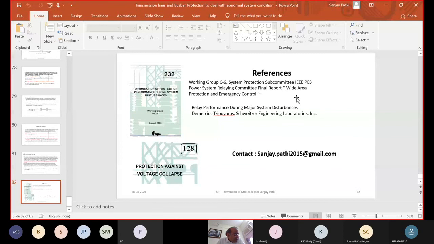As far as Buchholz protection is concerned, I have seen a very drastic episode in Jabalpur. An earthquake had taken place, 6.4 on the Richter scale, and as many as 35 to 40 transformers tripped on Buchholz.